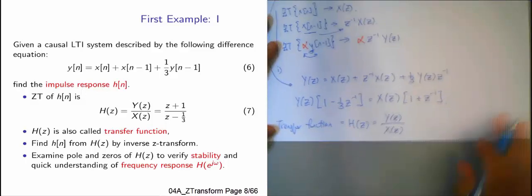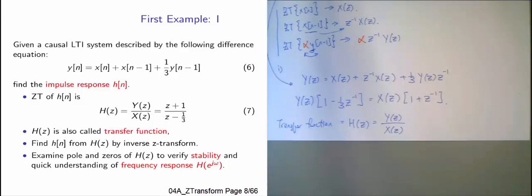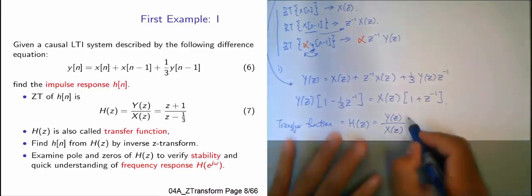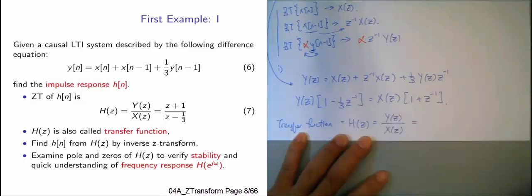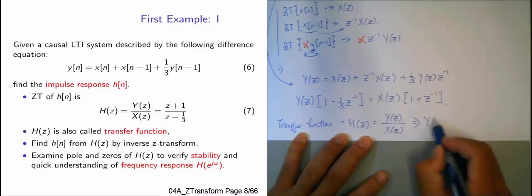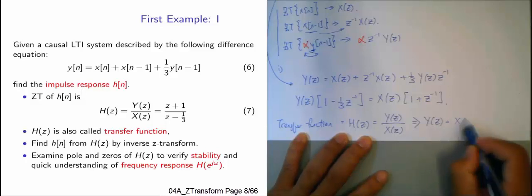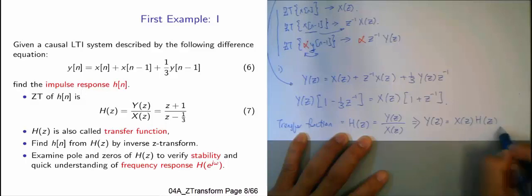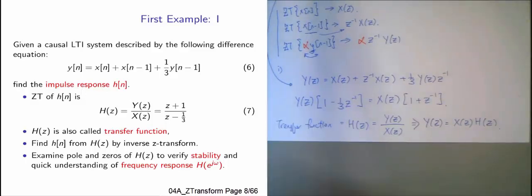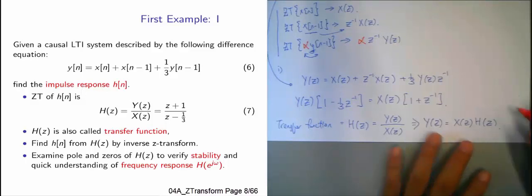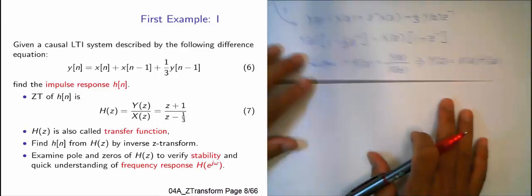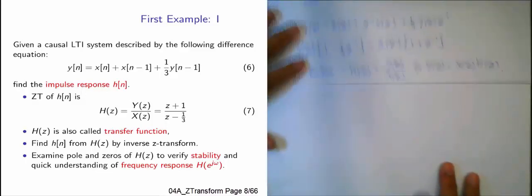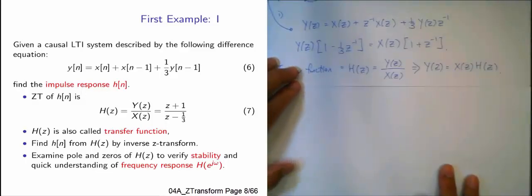It is the ratio between my output in the z domain and my input in the z domain, implying Y of z equals X of z times H of z. Now, when we reach this step, I want to find H of z. You will realize that we want to find H of z because H of z is what in the time domain? What is H of z in the time domain?